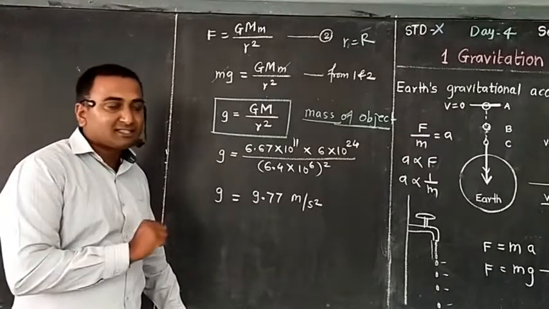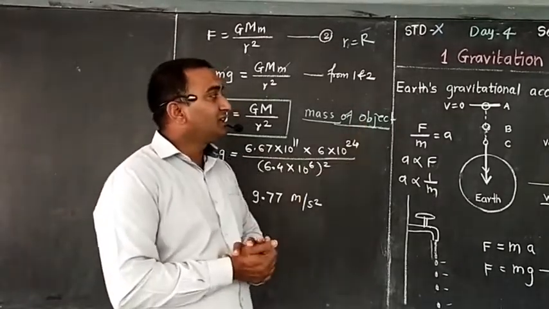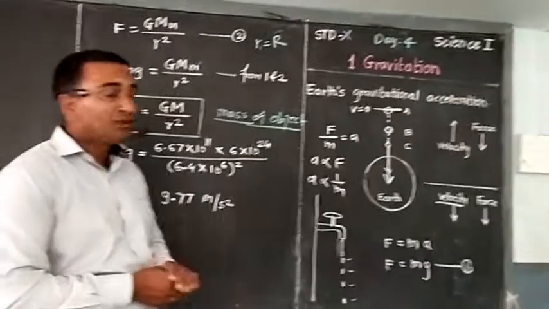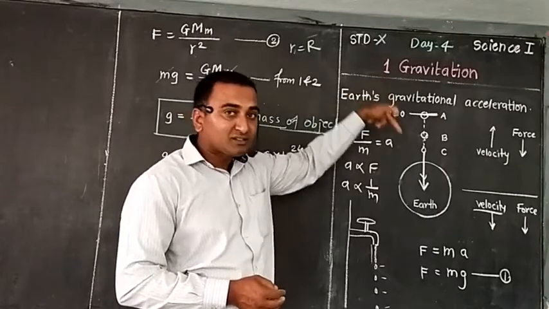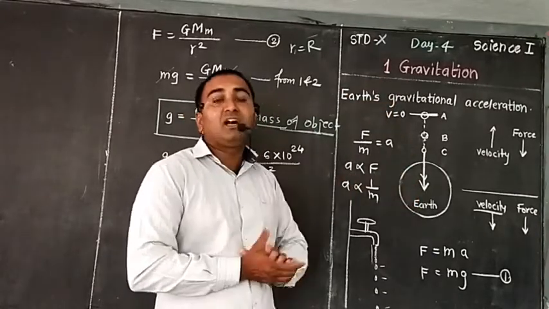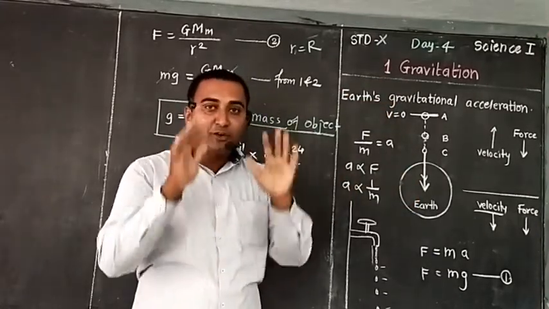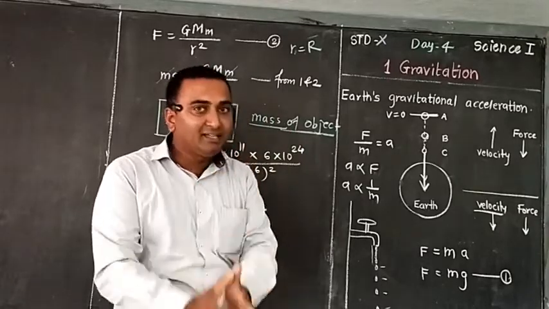So what we discussed here, see again: earth's gravitational acceleration. The gravitational force of earth is towards the center of earth, and so all the objects fall on the earth vertically downward.